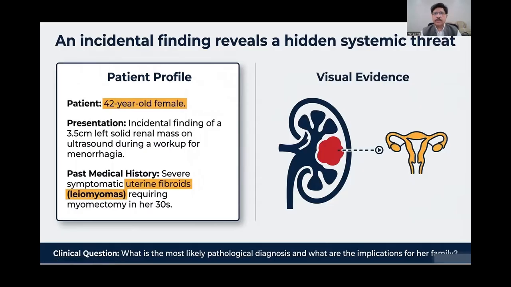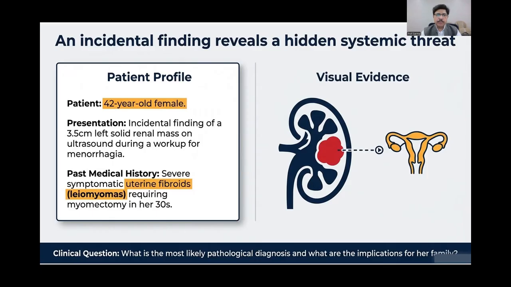You can see here a beautiful diagram of the kidney and the genitourinary tract. There is a connection between uterine leiomyomas and renal cell tumor, which earlier we did not know. Here is a patient vignette: a 42-year-old female, incidental finding of a 3.5 centimeter left renal solid mass on ultrasound during a workup for menorrhagia.